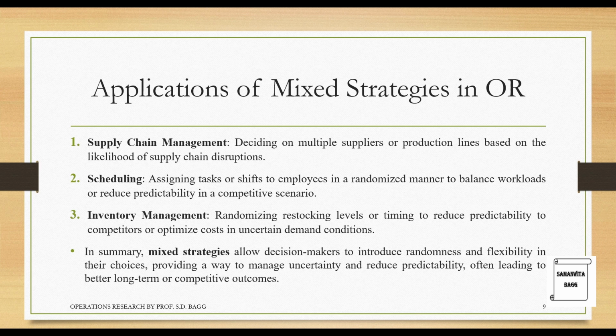So these are the three applications where you can have mixed strategies, such that if there is a disruption in a production line, at least other production lines may be working, or if you have multiple suppliers and one supplier is not able to supply the product, you are at least getting the products from the other suppliers.